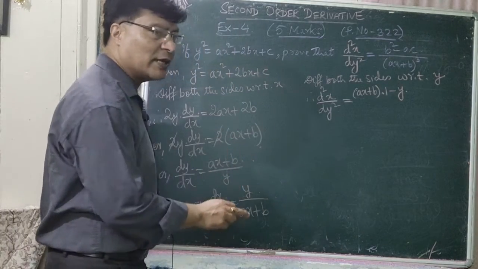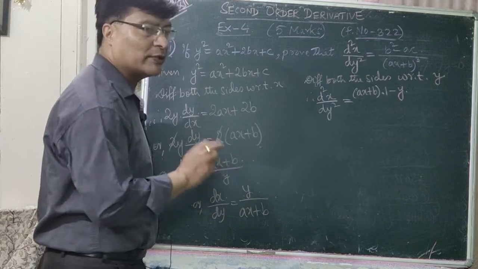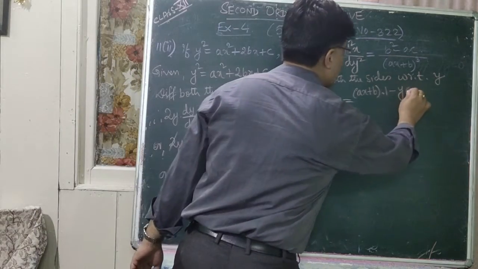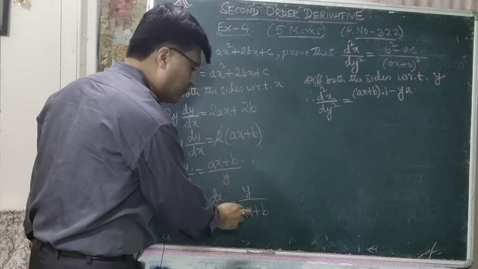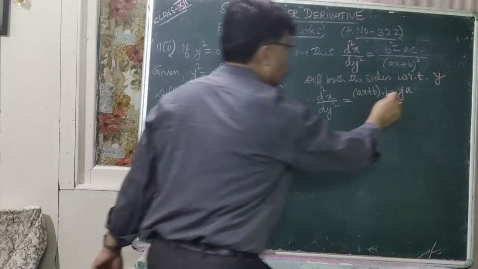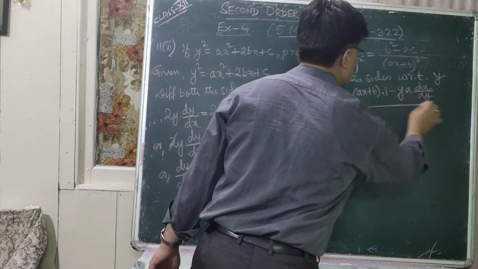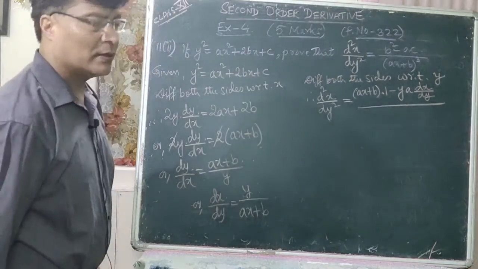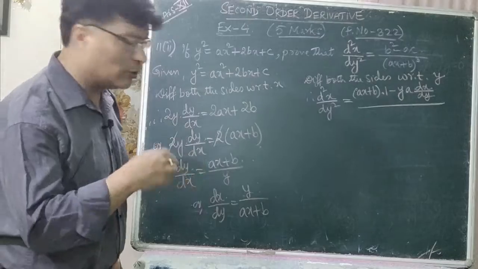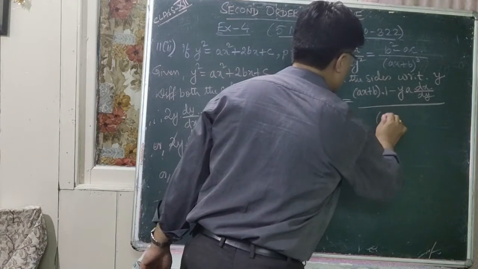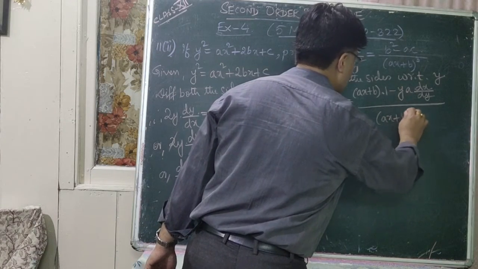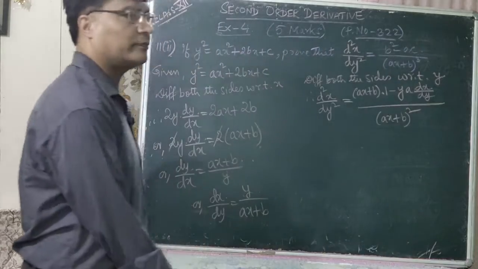So what is the differentiation of ax plus b with respect to y? Here a is constant, into, what is the differentiation of x with respect to y? It is dx by dy. So this whole divided by, what is the rule here? Denominator whole square. That is your ax plus b whole square.